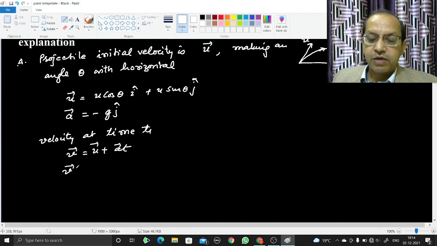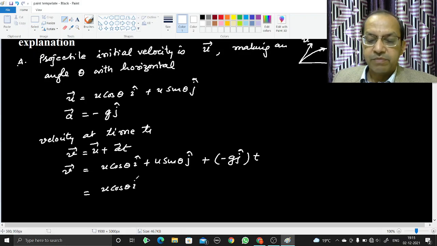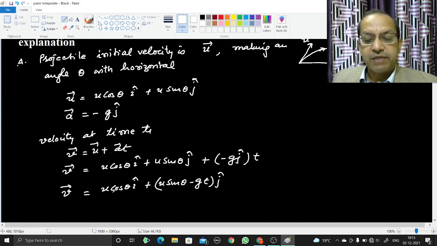So v equals u cos theta i cap plus u sin theta j cap plus minus g j into t, which equals u cos theta i cap plus u sin theta minus g t into j cap. This is the velocity of the projectile at any time t.